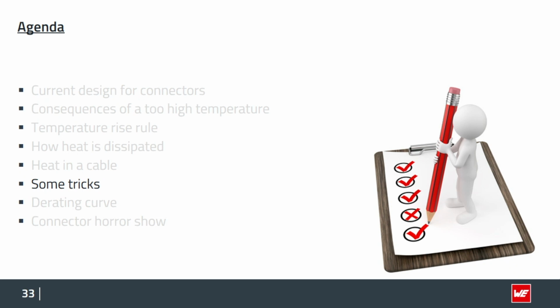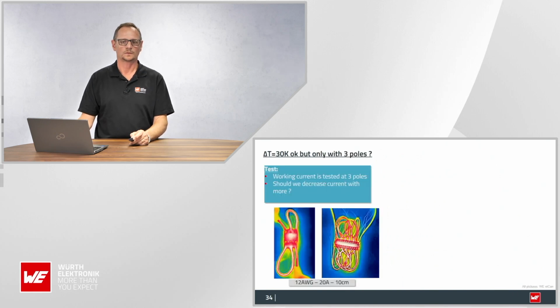Of course we have done some more tests, and we were looking at this kind of connector with only 3 poles, but then also increasing the number of poles with the same type of connector, and different cable sizes and so on. Now the question is, should we decrease the current if we increase the number of poles we are using?